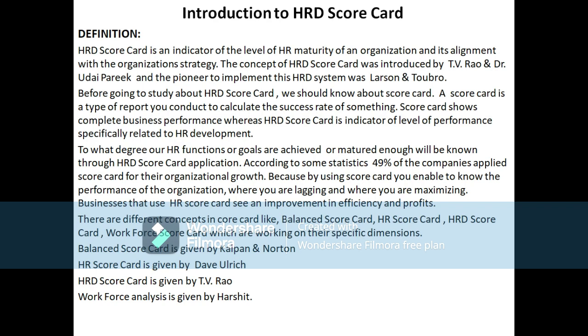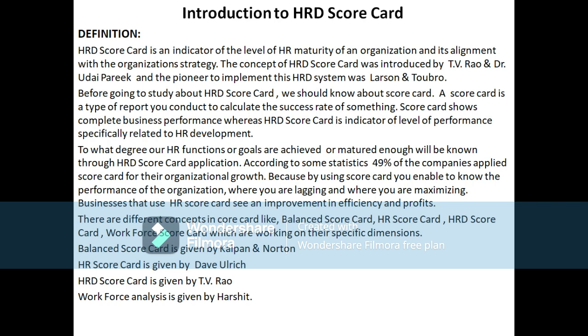It is a statistical record used to measure achievements or progress towards a particular goal, or else we can say that the tools to measure how well the HR functions are aligned to the overall strategic goals of the organization.